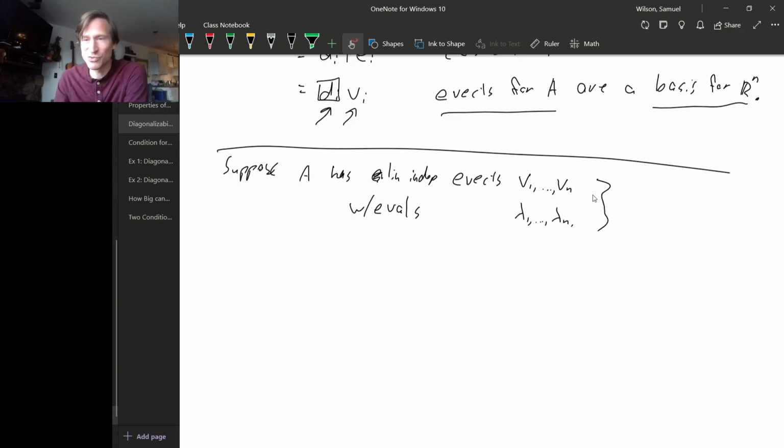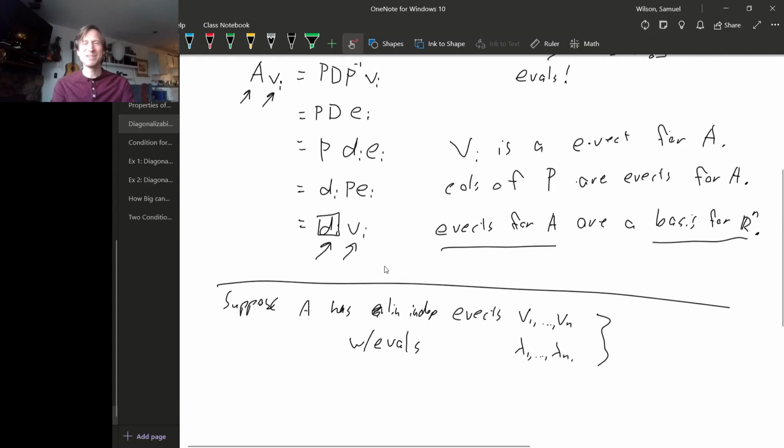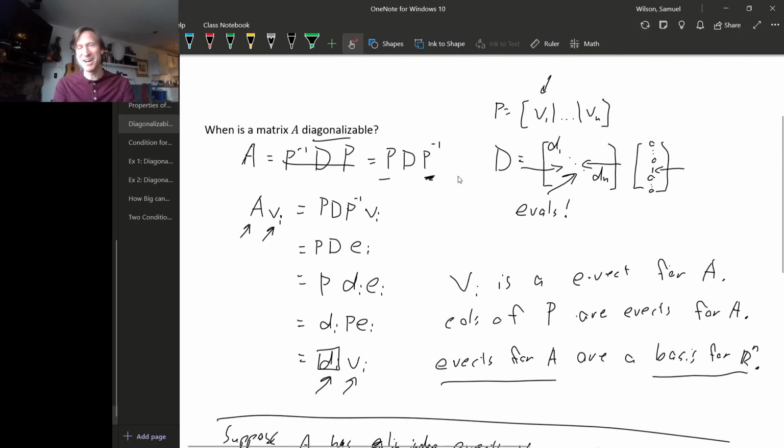This is what we get just from assuming that we have a basis of eigenvectors. So now we want to know, is A diagonalizable? Is it similar to a diagonal matrix? Well, our proving this the other way actually gives us a hint on what to do. If A is similar to a diagonal matrix, the diagonal matrix probably ought to have eigenvalues down the diagonal, and this matrix P probably ought to be made up of a basis of eigenvectors.